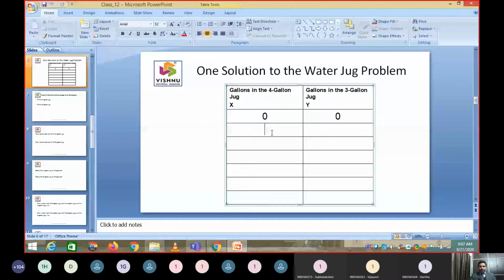And then I can fill the 3 gallon jug again, then pour some water from the 3 gallon jug to the 4 gallon jug until the 4 gallon jug is filled. So this is 4 and this is 2. I can empty this 4 gallon jug. Again, I can pour the entire water from the 3 gallon jug to the 4 gallon jug. This is what we saw yesterday.